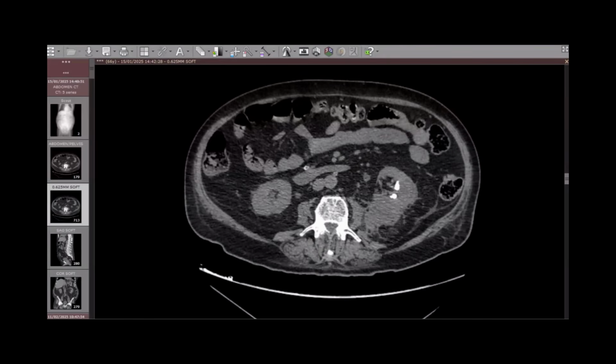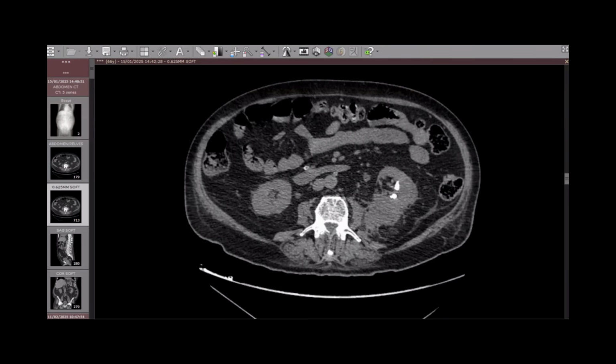What is your other differential diagnosis? Maybe urinoma. Infection, agree, totally agree, could be infection. Also post-obstructive uropathy. Perinephric abscess, yes, correct. What else? Mainly it would be post-obstructive uropathy.